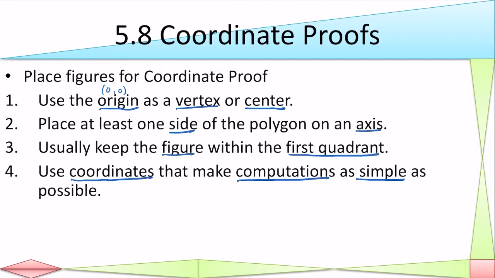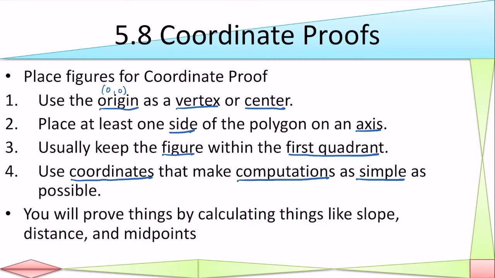So if you want a midpoint, instead of going from 0 to a, if we go from 0 to 2a, then the midpoint would just be at 1a. And again, we're going to prove things by calculating slope, distance, and midpoints.